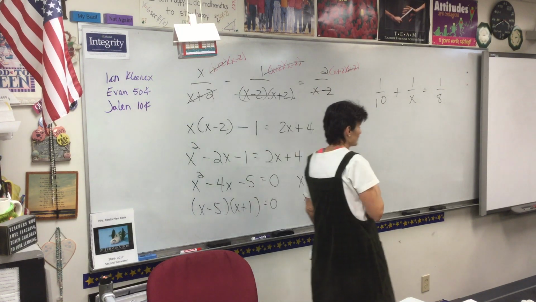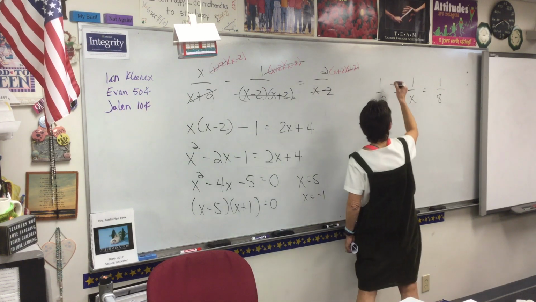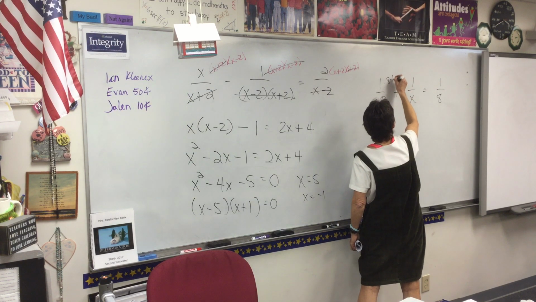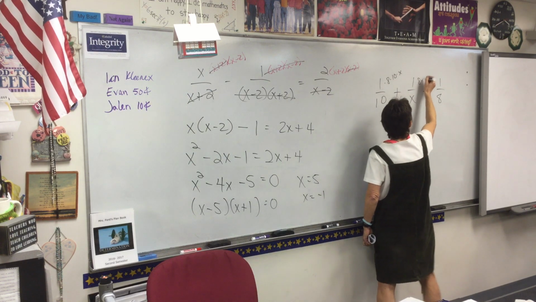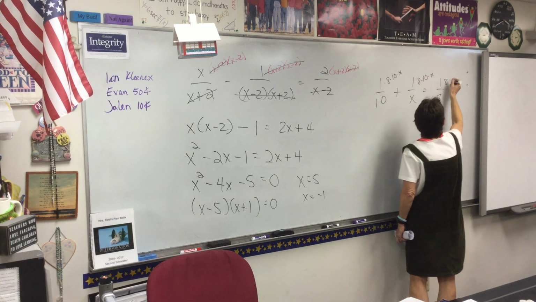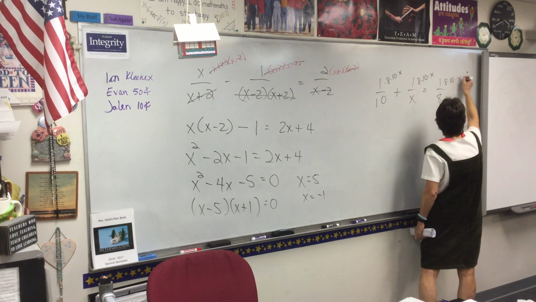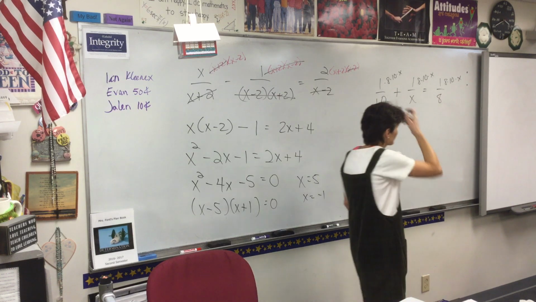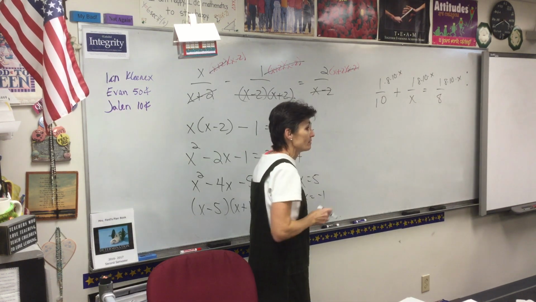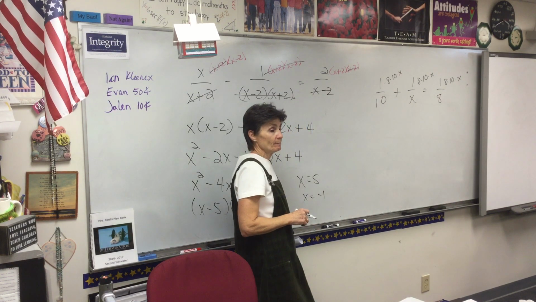So is this just like the one we did earlier? We can multiply by 8 and 10 and x. Or you can multiply by 40x, but 8 and 10 will work great.